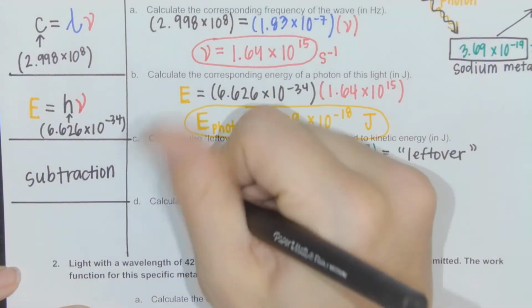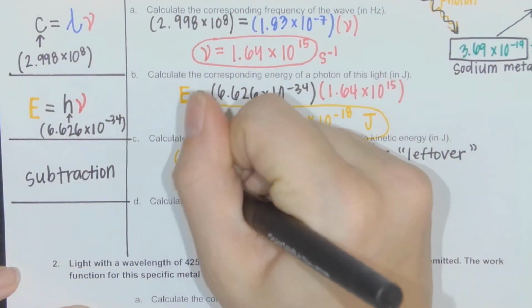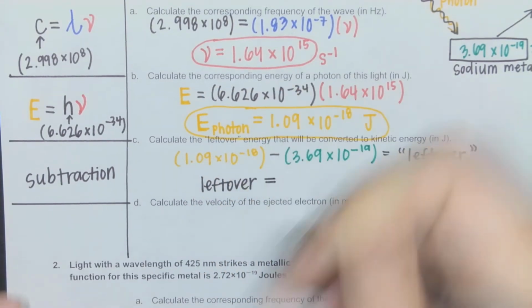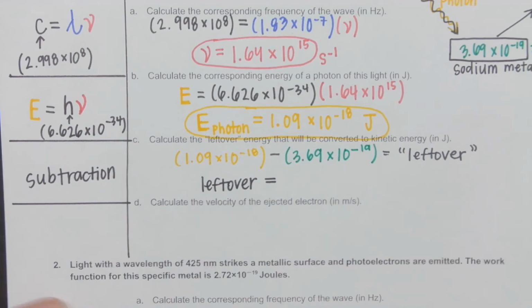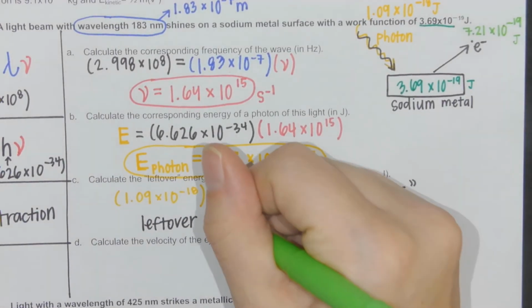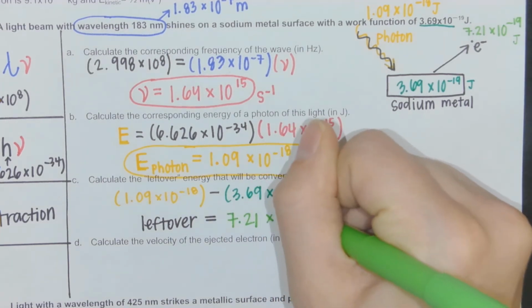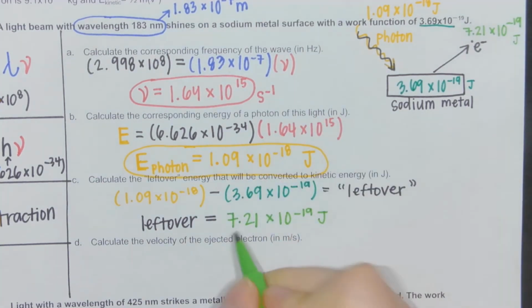And the leftover energy that the electron is leaving with equaled up here 7.21 times 10 to the negative 19 joules.